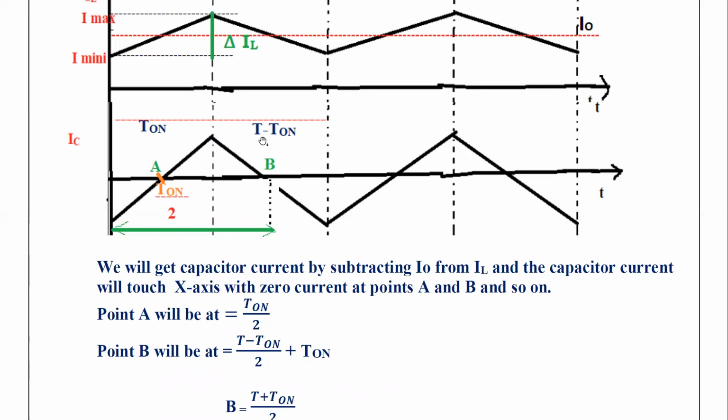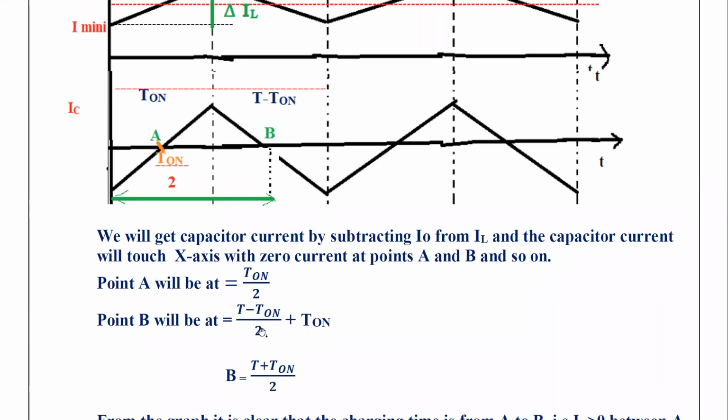That means T minus T on divided by 2 plus the turn on time. The point is located at T on plus T minus T on by 2. So this is the point B location.